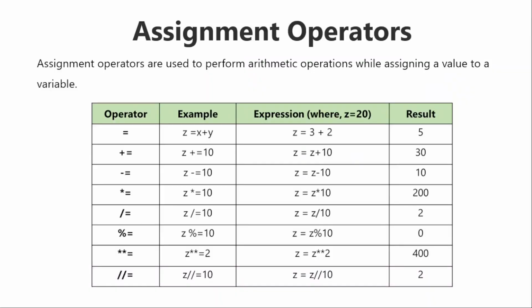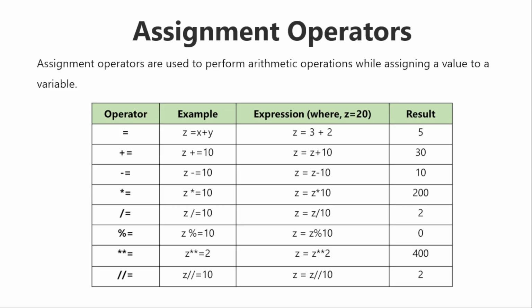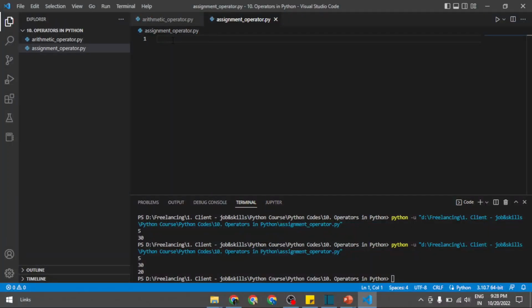I have created the assignment operator file. Now let us proceed with the examples or test cases of assignment operators. I will give a default value for z as 20.